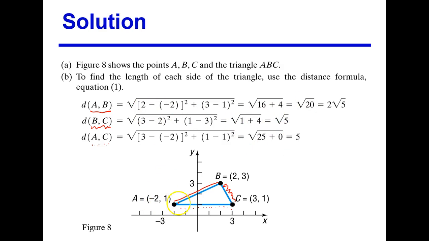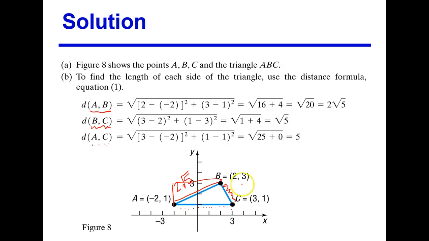I see that my distance from A to B is 2 times the square root of 5. I do that by plugging those points into the distance formula. And remember, if I really want to, I can turn this into a right triangle, find the lengths of these legs, and use the Pythagorean theorem. Either way will get me the same result.